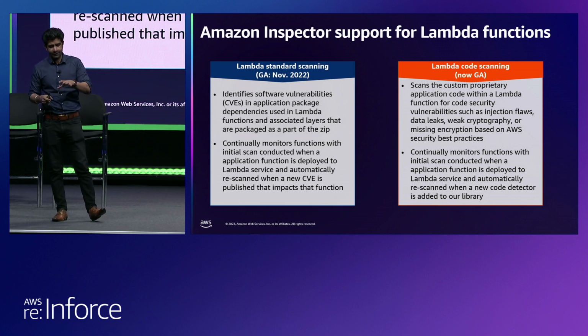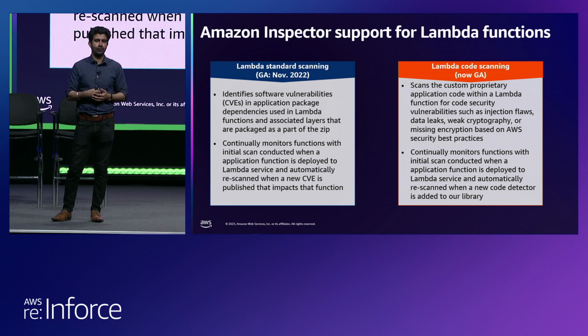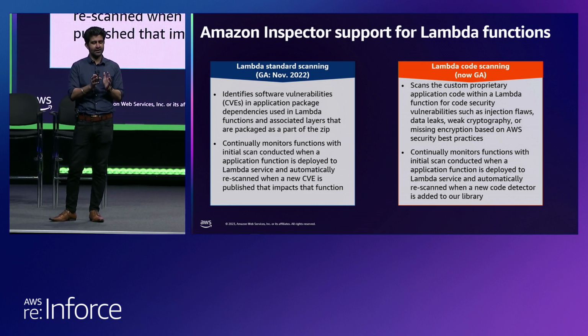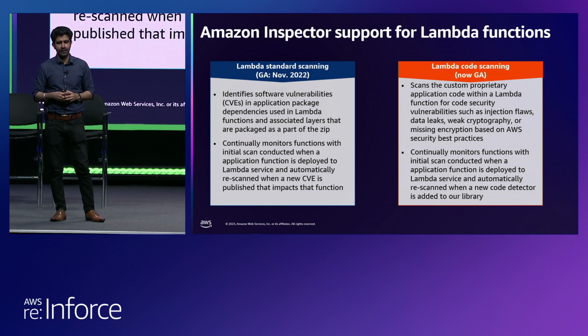Now, let's say you're writing that application in Python. As a part of your business logic, you would have to also include some dependencies like math.py or other dependencies. Now, standard scanning helps you with identifying CVEs or vulnerabilities. I don't want to say just CVEs because we do identify software vulnerabilities that never get CVE IDs, and I can give you an example in a bit.